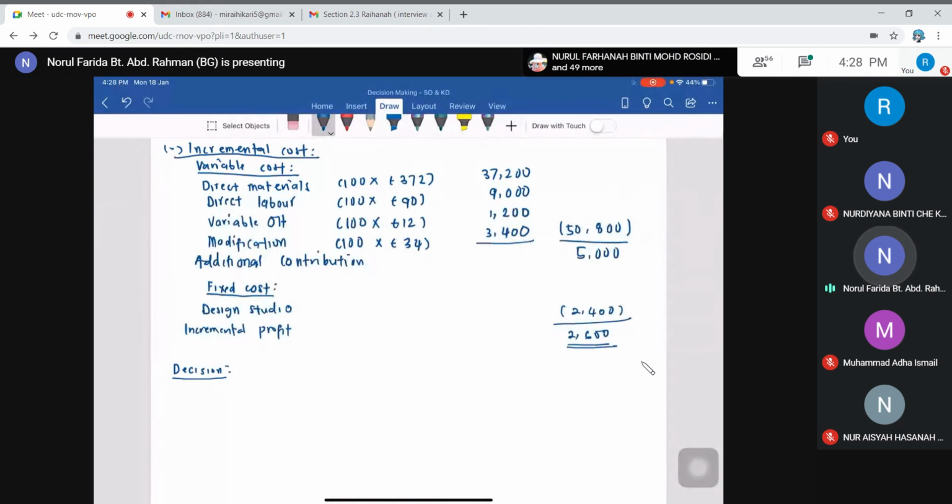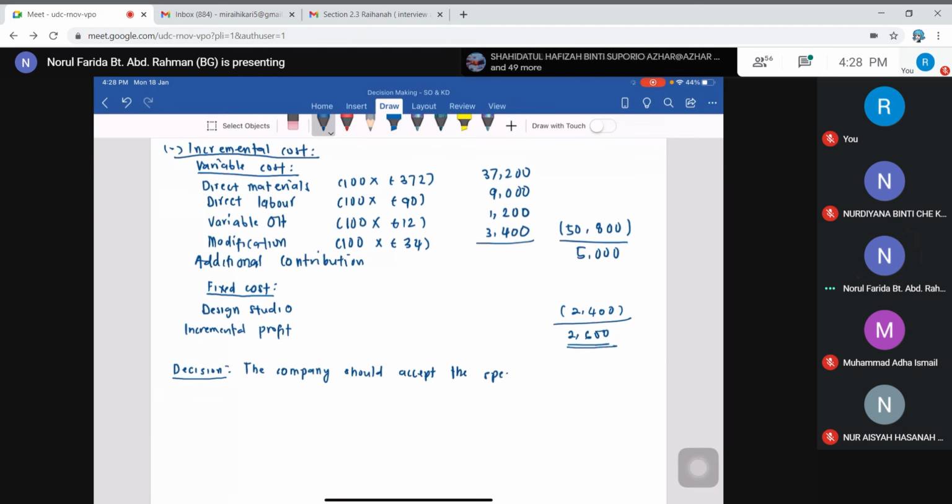Okay, if the order gives you profit, then you will accept. If the order gives you loss, then you will reject. Okay, so in this case because it gives a profit, the company should accept the special order.